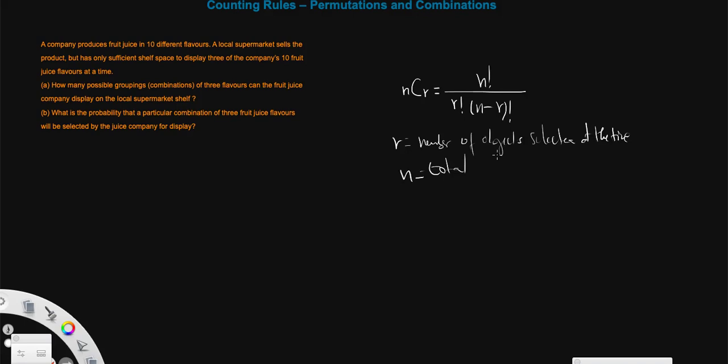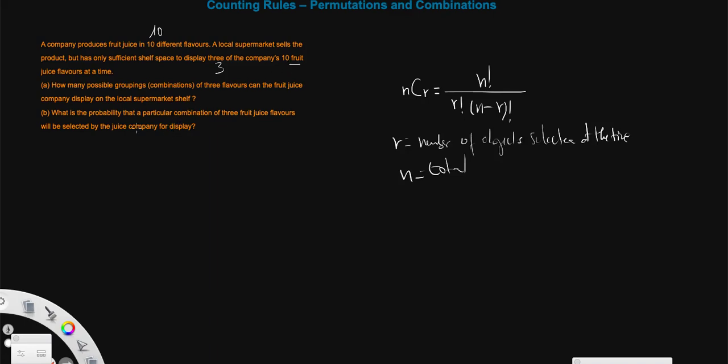Okay, so let's read now. The question here says a company produces fruit juice in 10 different flavors. A local supermarket sells the product but has only sufficient shelf space to display 3 of the company's 10 fruit juices at a time.